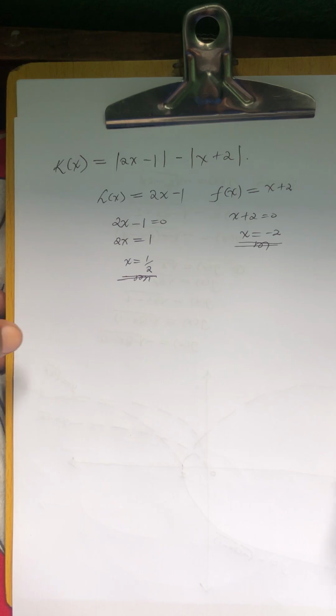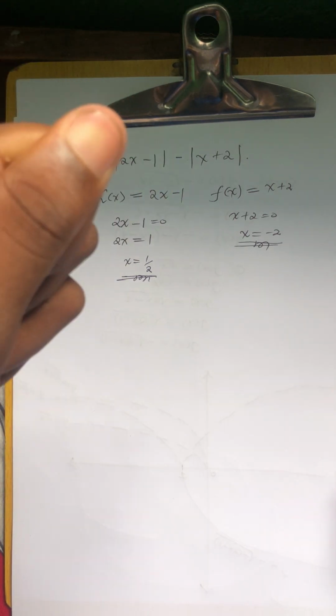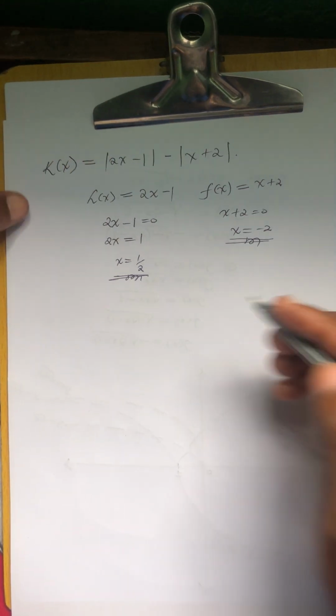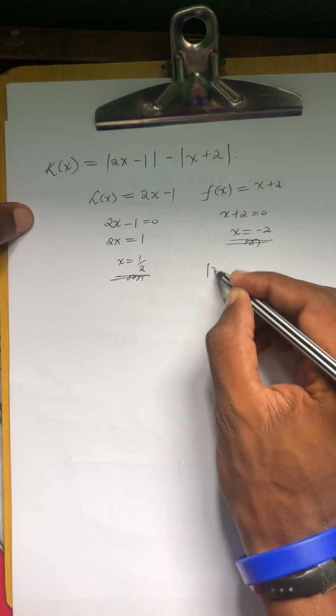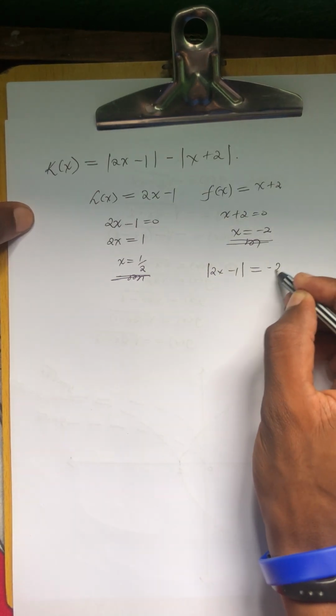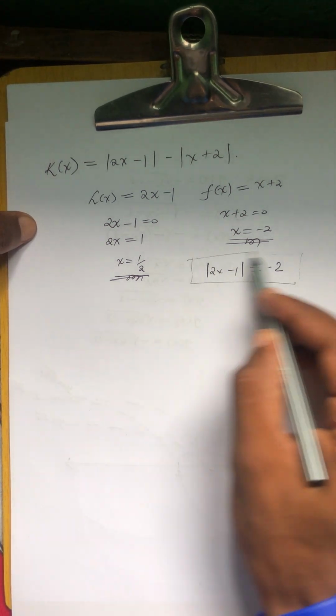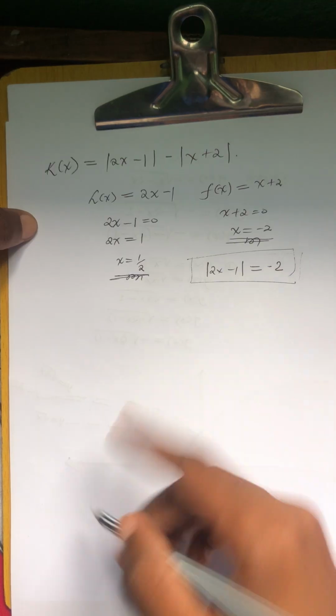All right, so now from there we want to see the behavior of the graph. Keep in mind that a modulus function can't give you a negative. If, for example, you have the modulus of 2x minus 1 equal to -2, this is not possible, and this question has no solution.